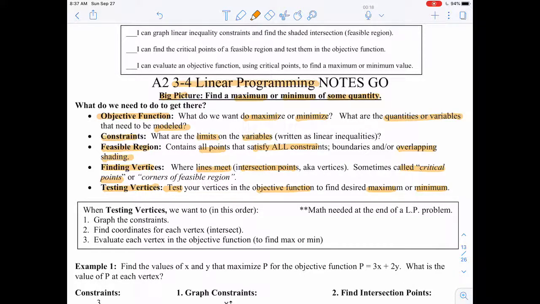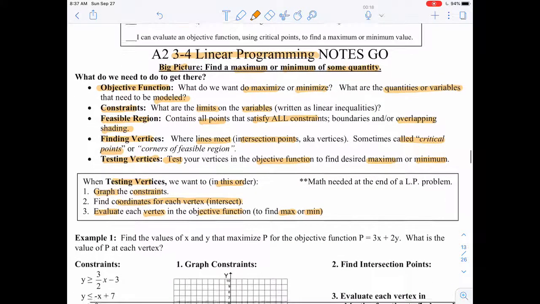When testing the vertices, in this order, we want to graph our constraints, find the coordinates for each vertex, the intersection points, and then we will evaluate each vertex in the objective function to find the max or the min, depending on the problem.